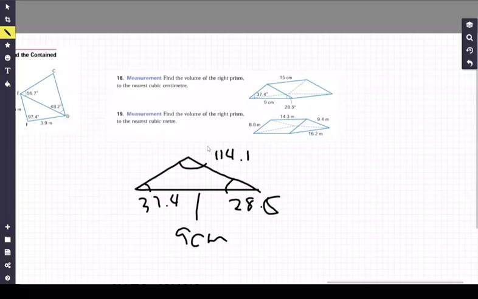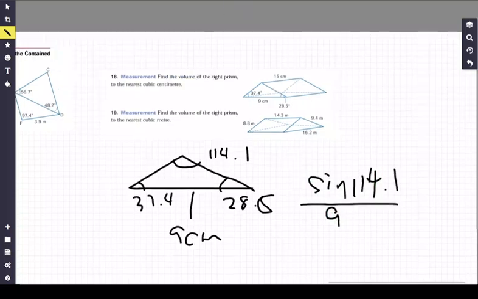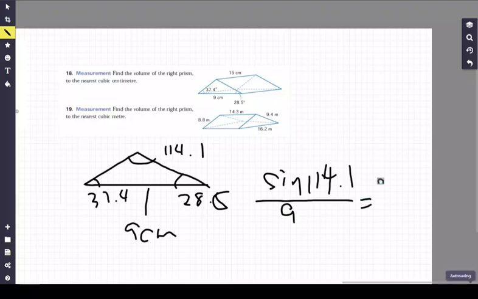We needed this side, so sine of 114.1 over 9 is going to equal sine of 28.5 over x.